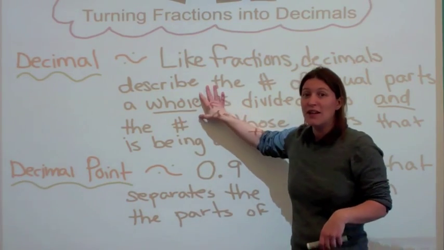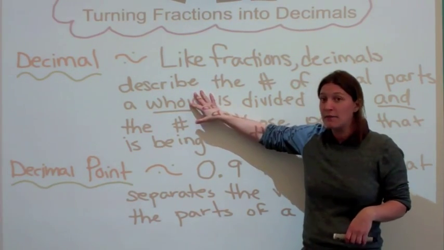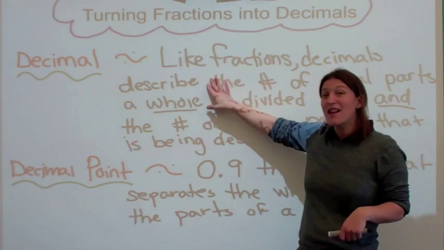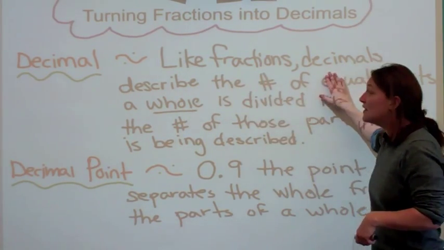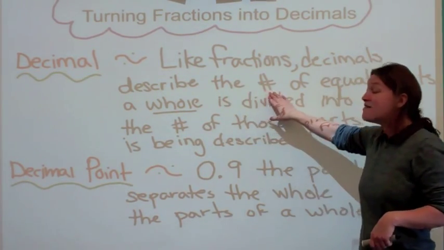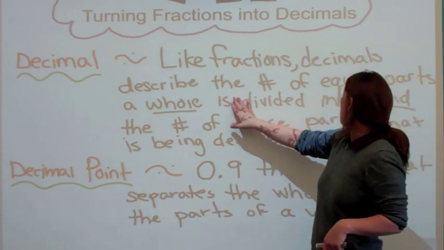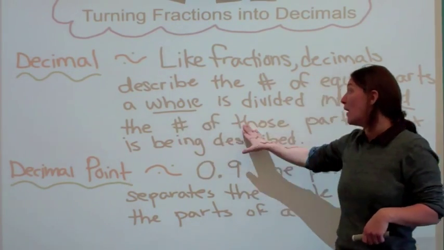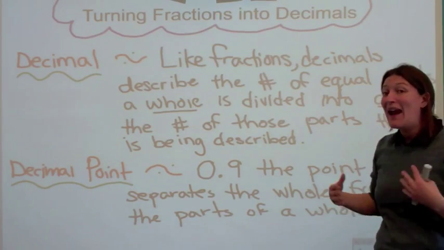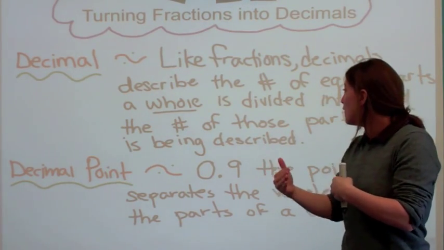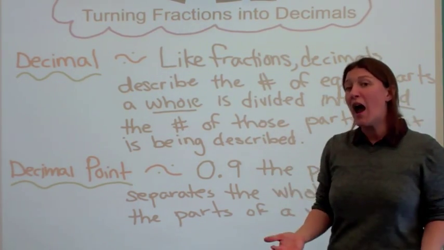A decimal is very similar to a fraction. So in the definition it says, like fractions, a decimal describes the number of equal parts a whole number is divided into and the number of those parts that's being described.